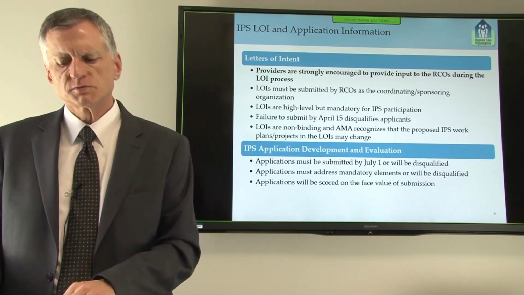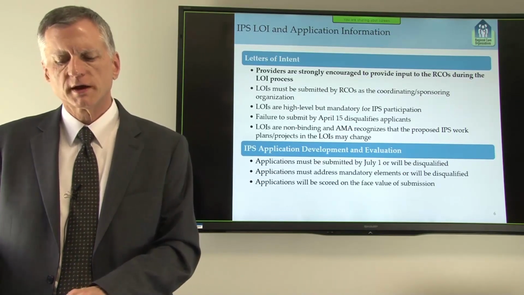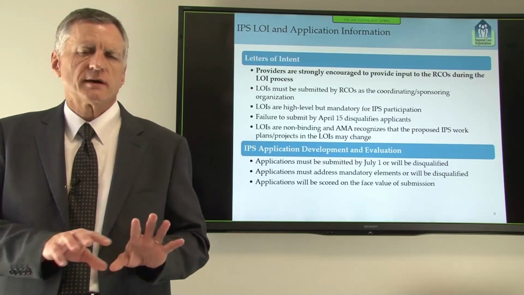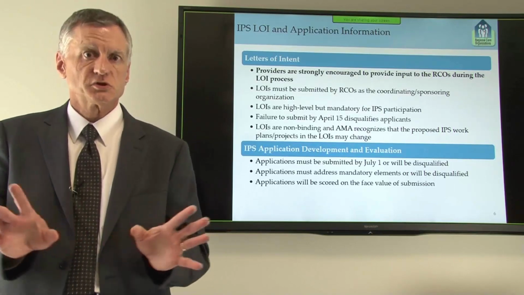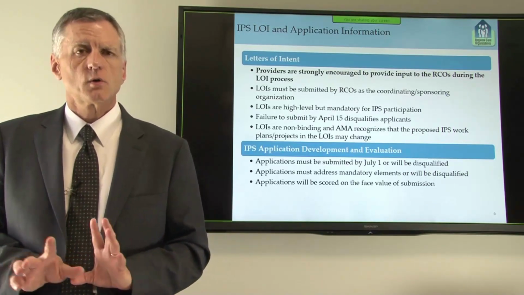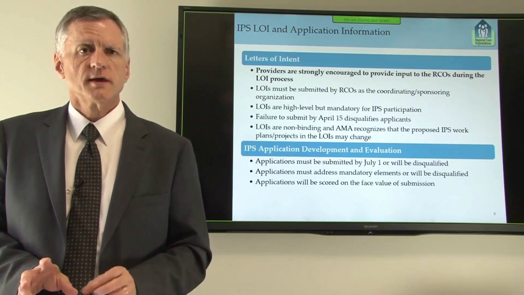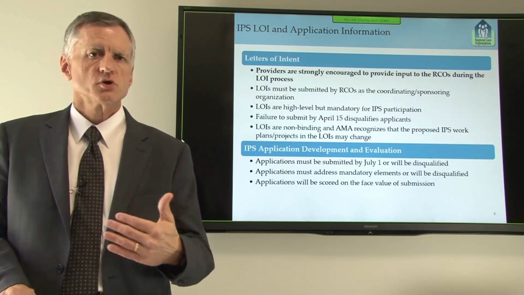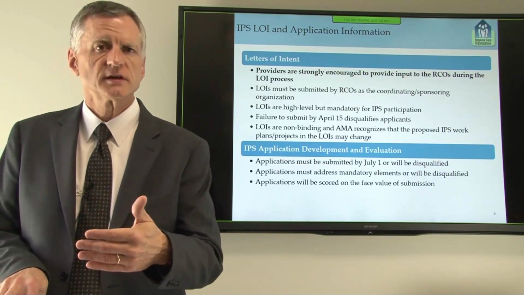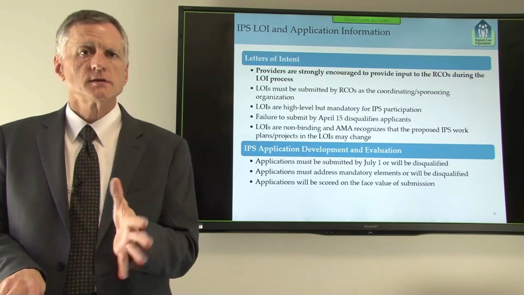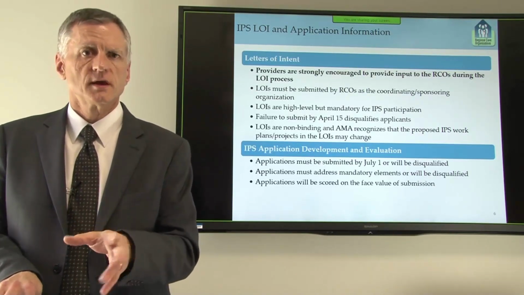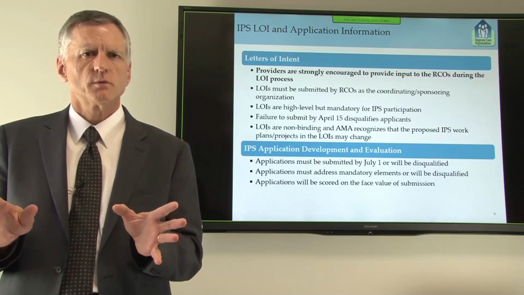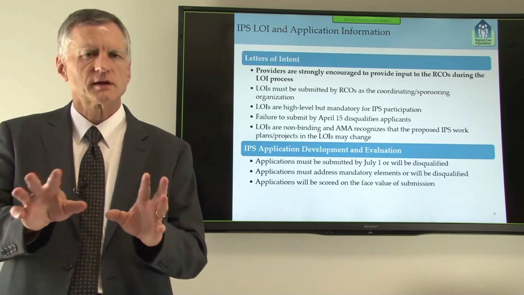It does mention the LOIs must be submitted by the RCOs as the coordinating or sponsoring organization. That references what I was just saying: the RCOs have responsibility for a region and the quality outcomes associated with that region, and the continued flow of federal money is tied to improving outcomes. So they have a vested interest, as does Medicaid, in seeing the goals of the waiver achieved. That also means they need to make sure the plans are coordinated. We don't need six plans that all do the same thing.